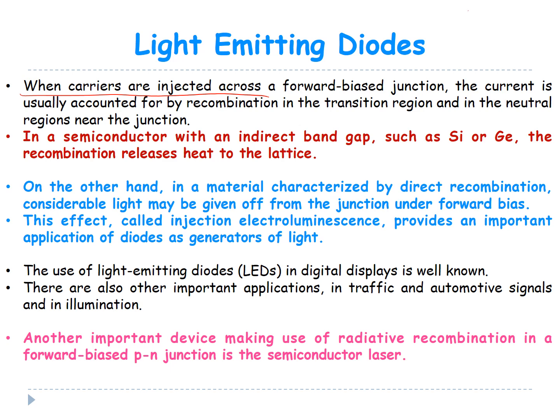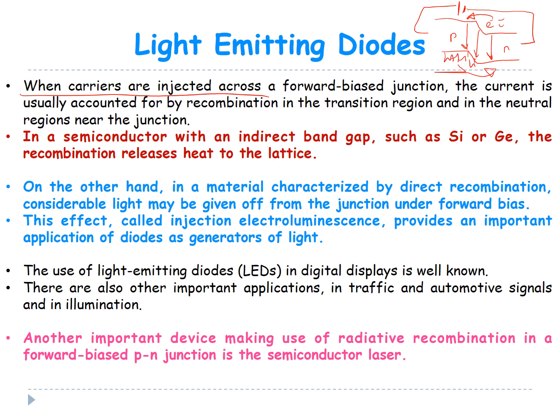So we are saying if you forward bias your junction, so this is your P, this is your N, and by forward bias you put positive on the P, negative on the N, you reduce the barrier, then electrons and holes move like that, and along the way they can recombine, right?